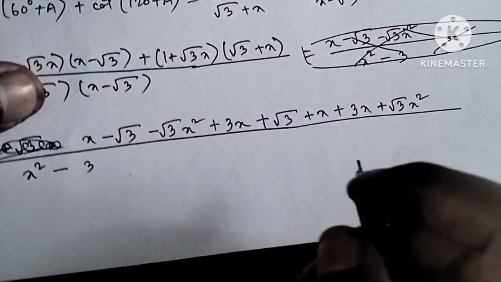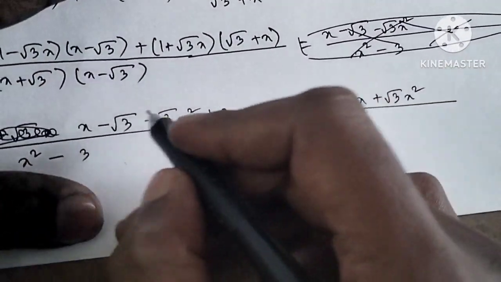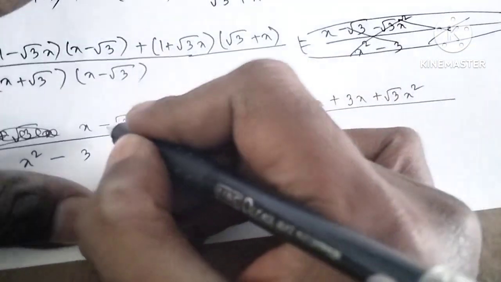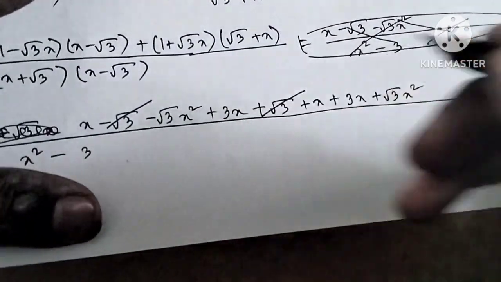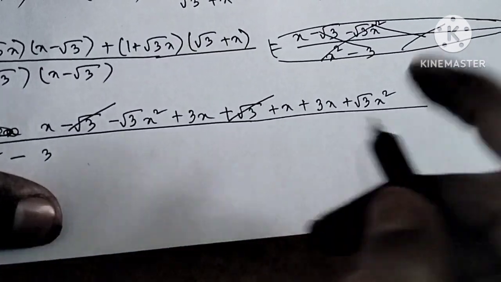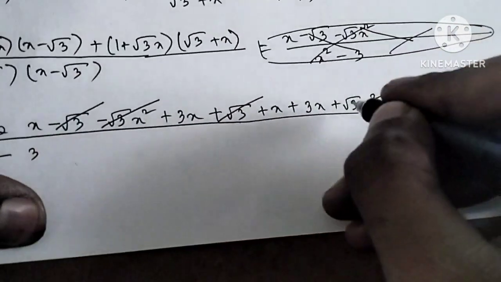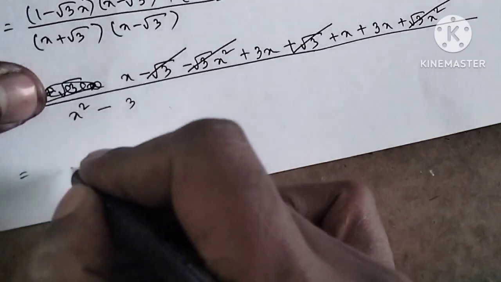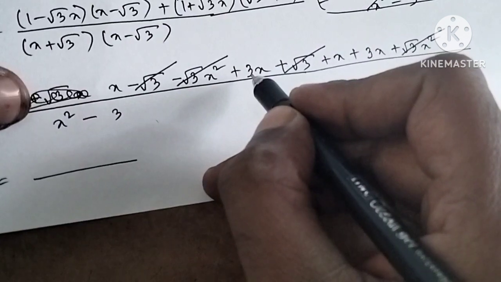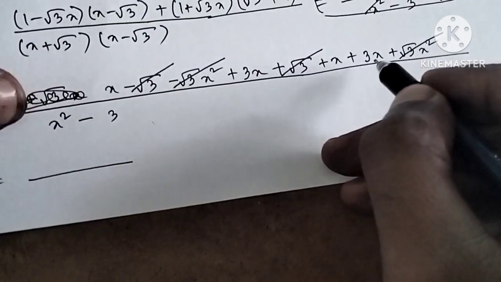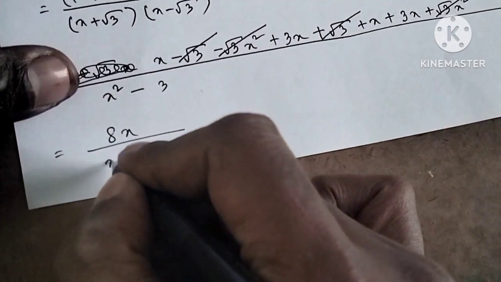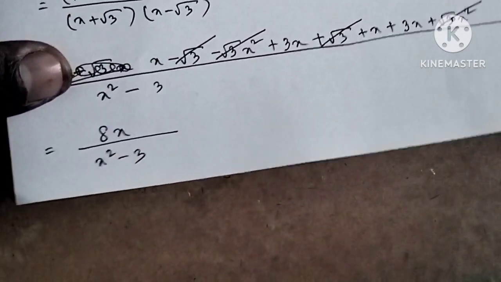Okay, so now see, minus root 3 and plus root 3 will get cancelled. Acha, minus root 3 x square plus root 3 x square will also get cancelled. So now it will be x plus 3x, 4x, 5x, 6, 7, 8x, 8x by x square minus 3.